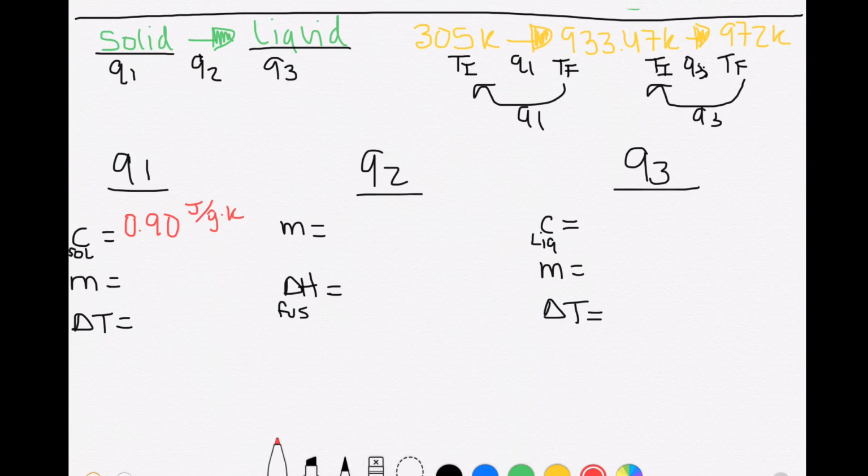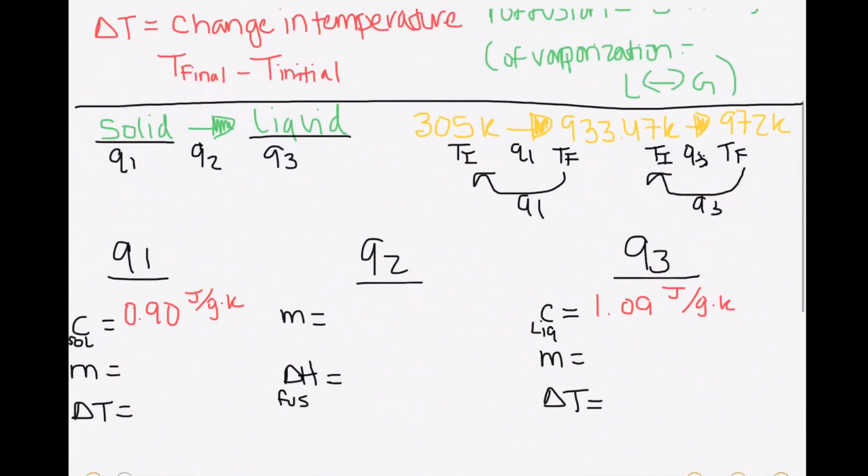Okay, and then while I'm looking at my specific heat chart, I'm going to go ahead and pull the specific heat for my liquid phase for Q3, which for liquid aluminum will be 1.09 joules per gram Kelvin.